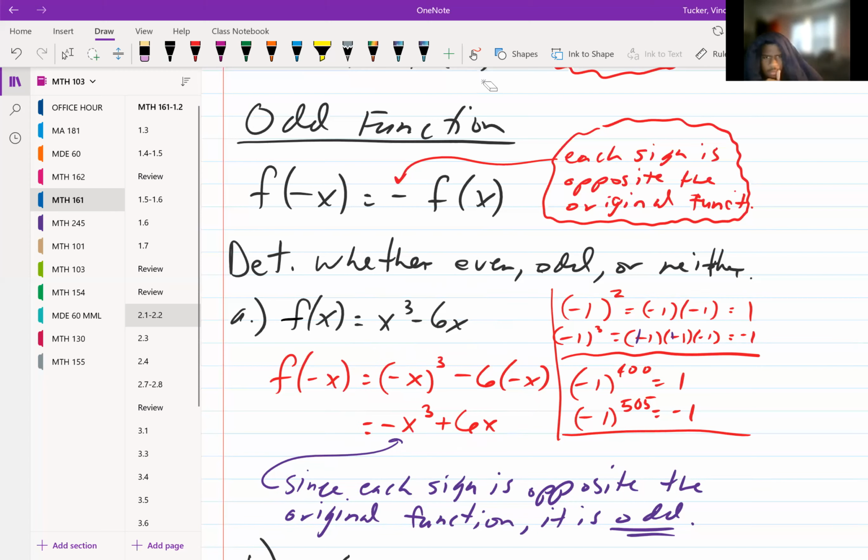When you plug it in, what you have is negative x cubed, so it's negative x times negative x times negative x. The two negatives will cancel out, but it still leaves a negative. And that's why 6 became positive, because it was times negative x. Exactly. So that's negative 6 times negative x, which is just positive 6x.